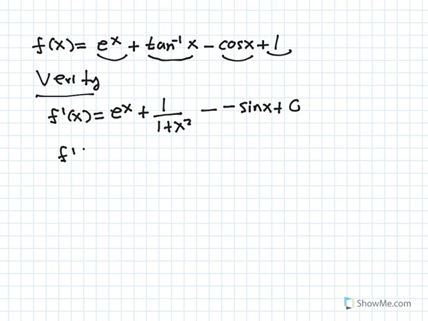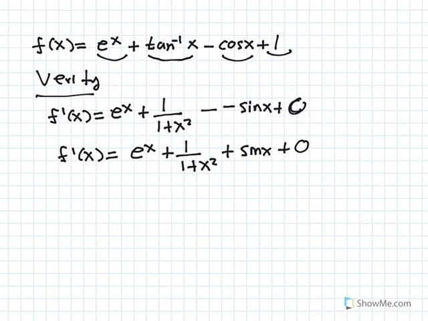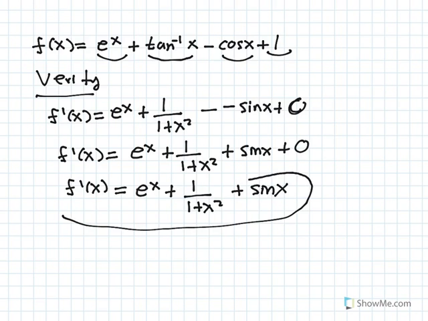So we get f prime of x is equal to e to the x plus 1 over 1 plus x squared plus sine x plus 0. And so let's just rewrite that: f prime of x is e to the x plus 1 over 1 plus x squared plus sine x, which is what we had, which was the question that we were given. So this checks out.